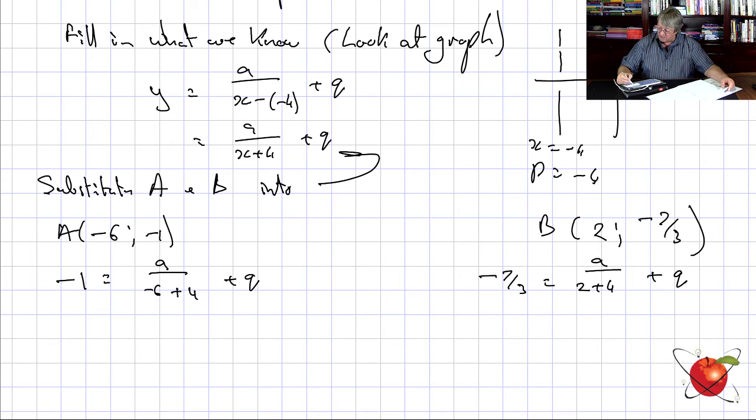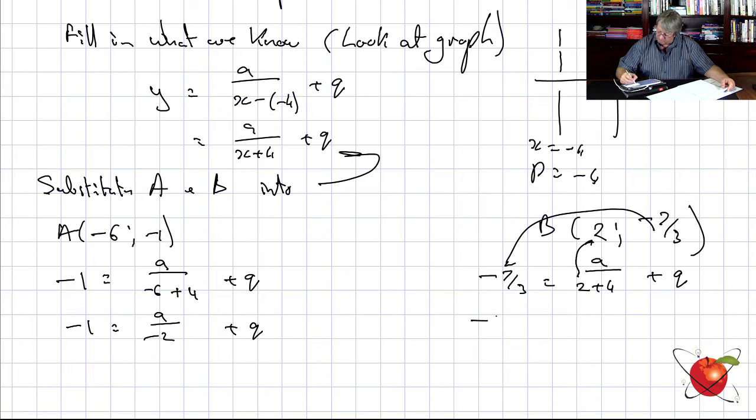Can you see all I've done is I've substituted the 2 in where the x was and that over there where the y is. So this leaves us with minus 1 is equal to a over minus 2, plus q. And this side we get minus 7 over 3 is equal to a over 6, plus q.